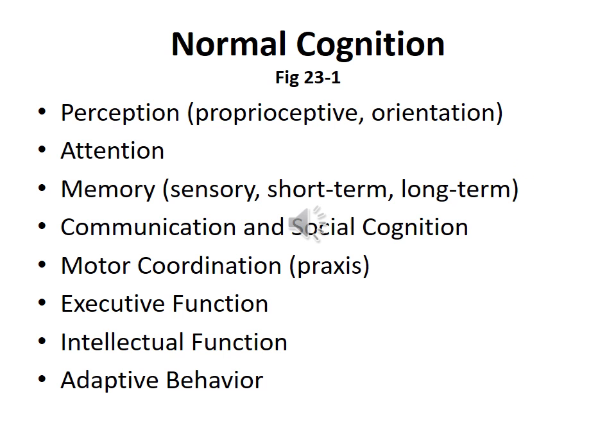So normal cognition, you'll see this in figure 23.1. Normal cognition is our perception. What are we seeing? Proprioception is that motor function, that spatial awareness. Are we moving properly? Do we have full range of motion when we walk, when we talk, when we do things?